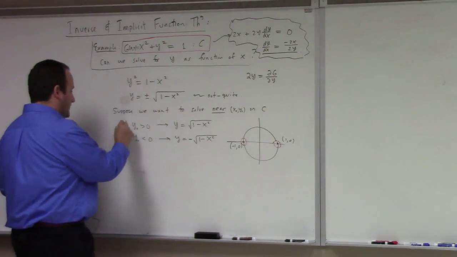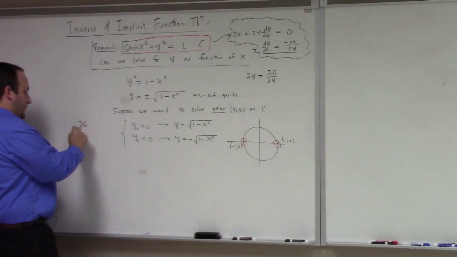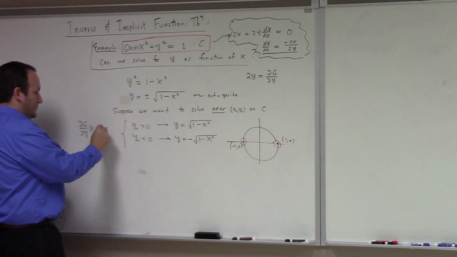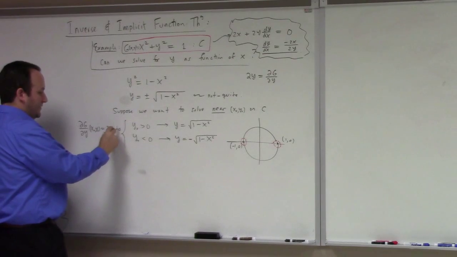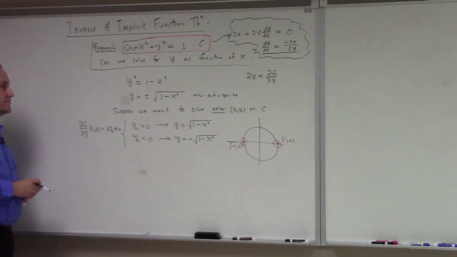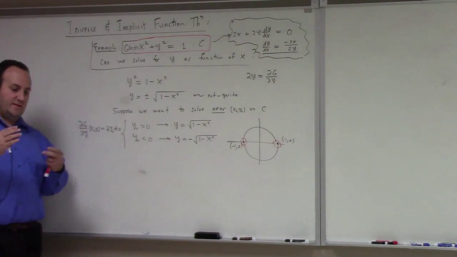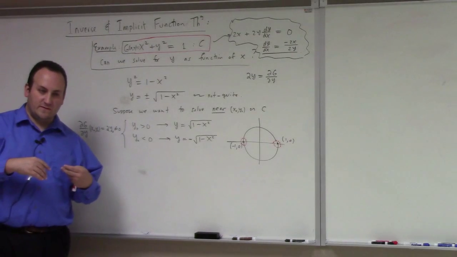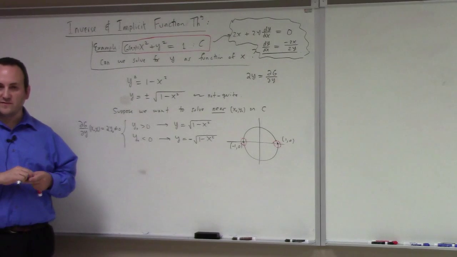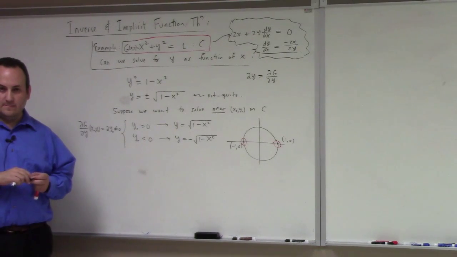Everywhere else, we can find a function as the solution. So the implicit function theorem, the problem we're looking at, is: given an equation or a system of equations, when can I solve for some of the variables in terms of other variables? Okay.